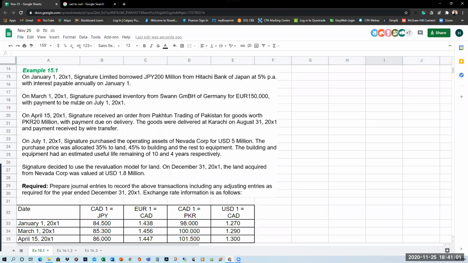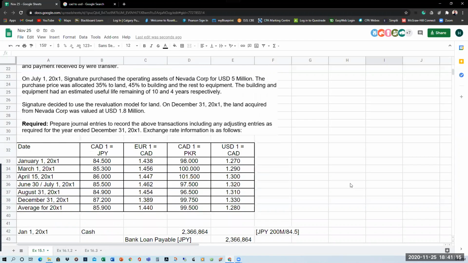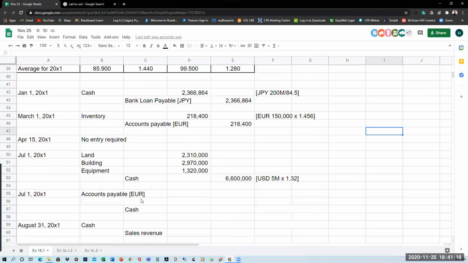So now remember that we also needed to make a payment to our supplier from Germany, Swan Company. 150,000 euros have to be paid on July 1st. So we need to pay 150,000 euros. So we have an accounts payable in euros that has a carrying amount of 218,400.